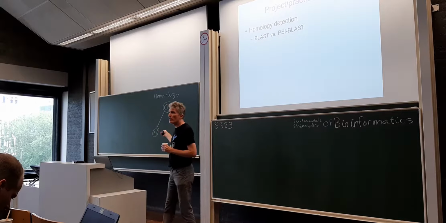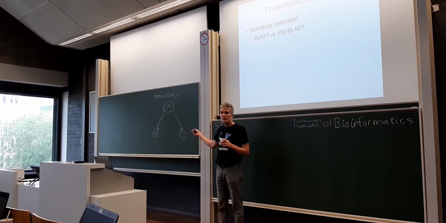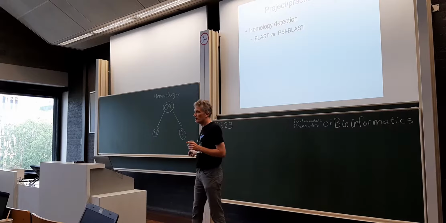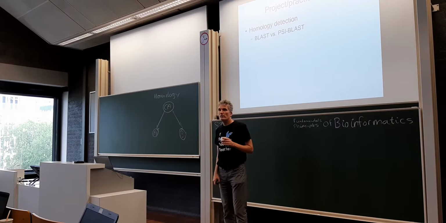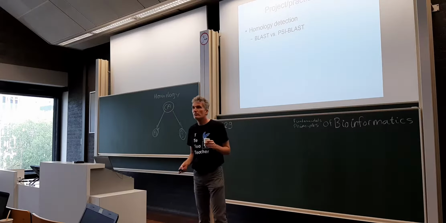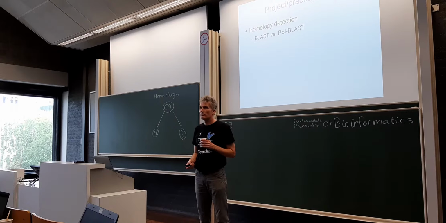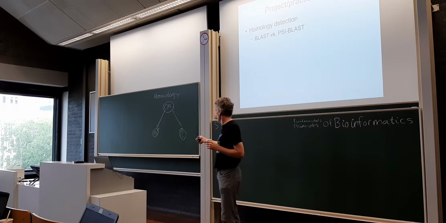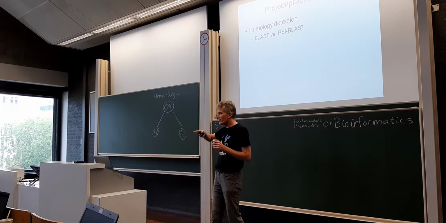Why are we interested in homology, by the way? That's what Kim also talked about yesterday. We say we're interested in gene B, and we know it's homologous to gene A. If you don't know anything about gene B except the sequence, you're lost.